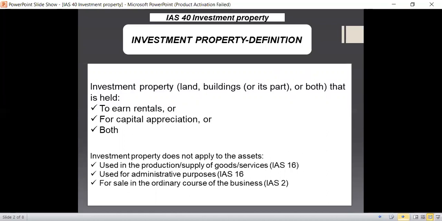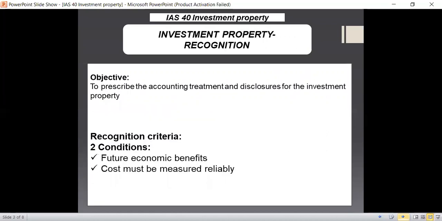My dear listeners, the objective of IAS 40 is to prescribe an accounting treatment for investment property. Now, let us have a look at the recognition of investment property in the financial statements, which is dependent upon two conditions. IAS 40 says that we can recognize an investment property in our statement of financial position only when the given two conditions are met.